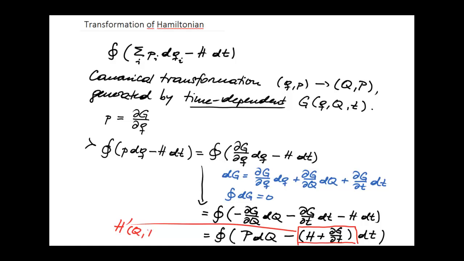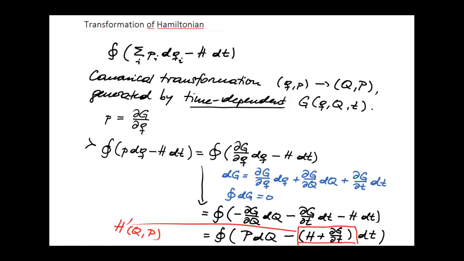This tells you the transformation rule for the Hamilton function: when you have a time-dependent canonical transformation generated by a time-dependent generating function g, then the Hamilton function must be modified. The new Hamilton function H prime equals the old Hamilton function H plus the partial derivative of the generating function with respect to time.